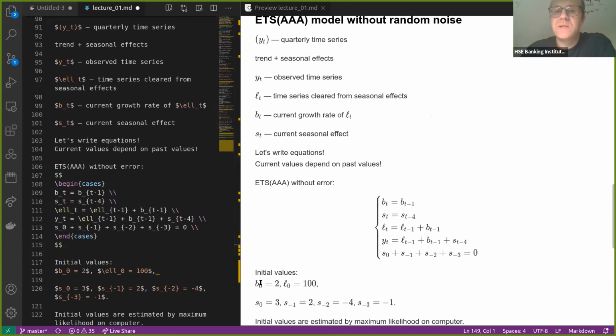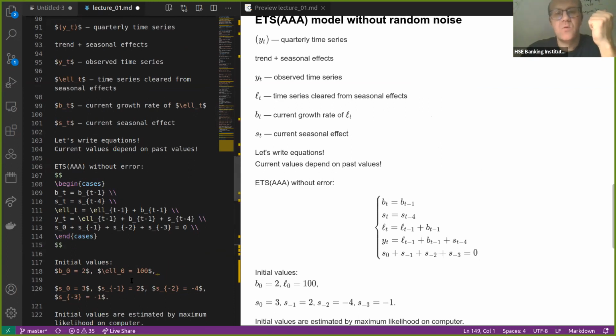So to completely specify, we cannot be free in specifying initial S0, S-1, S-2, S-3. So we need to specify only 3 seasonal effects in our case, because the fourth one will be calculated from the equation that says the sum of the effects is 0.